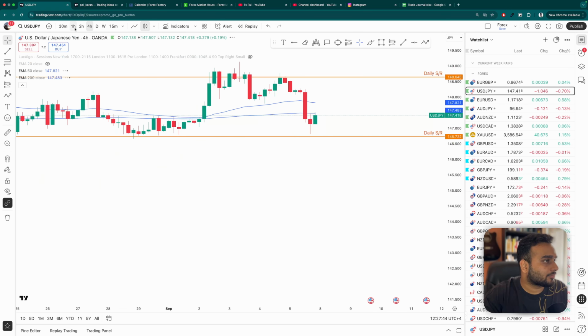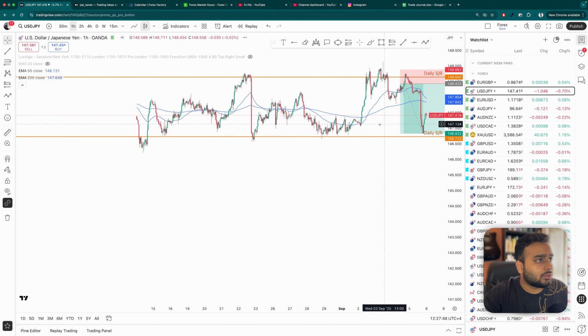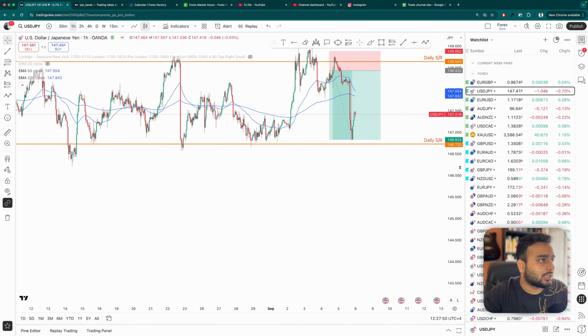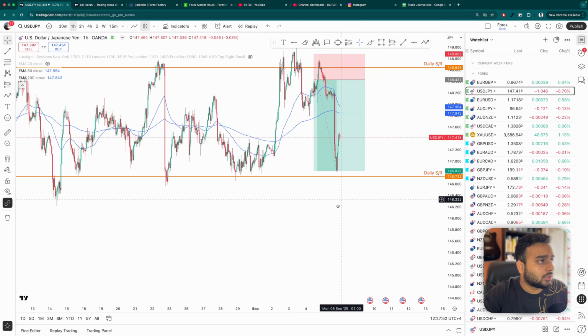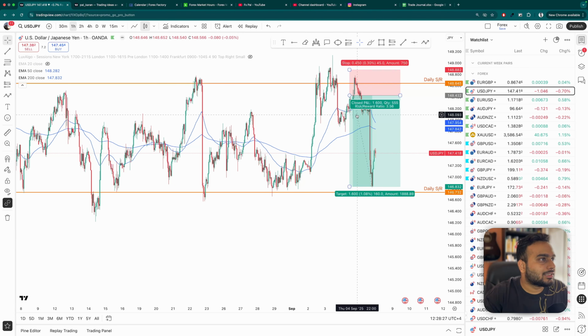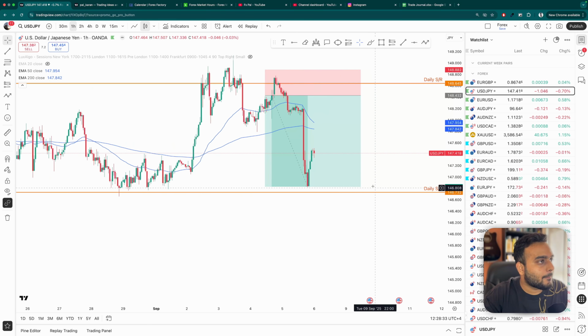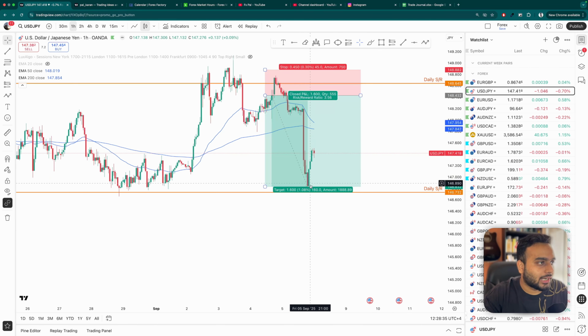But even then, I don't see a good trade right here because even if the price hits support at this point, the price has given a really good bearish momentum, but there is no market structure right here.